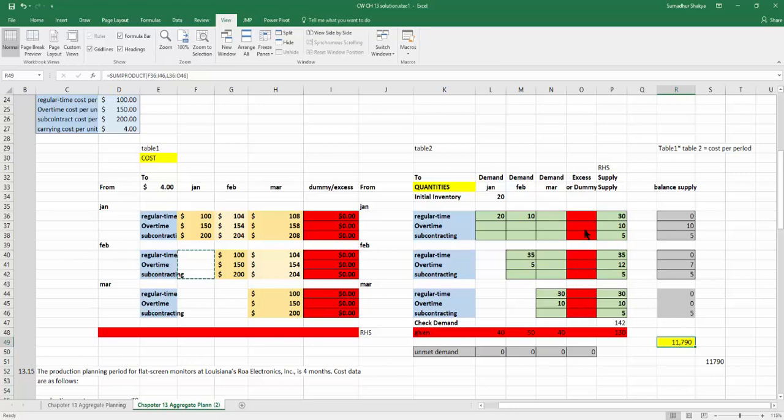Because as you can see from these columns, we'd still have the surplus capacity. So if I was to put 10 here, 5 here, 7 here, 5 here, and 5 here. At this point in time, let me bring this over here.